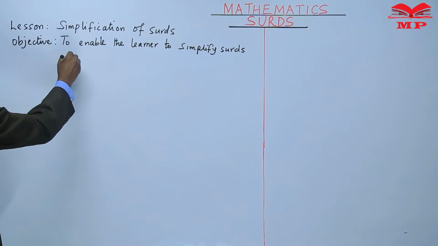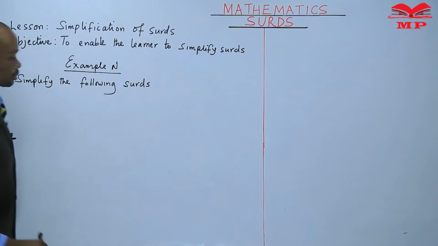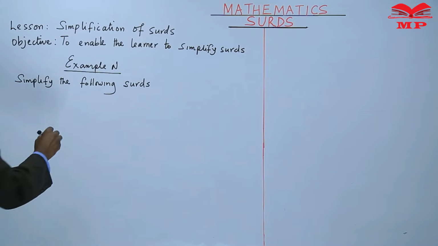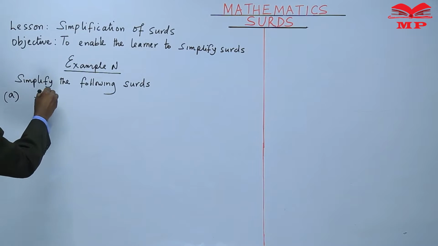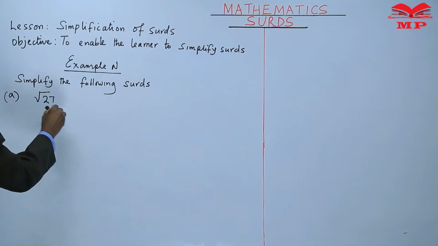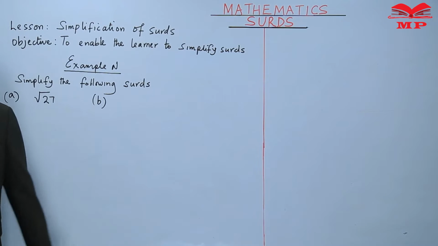So in this example, simplify the following surds. A, square root of 27. B, we have square root of 72.